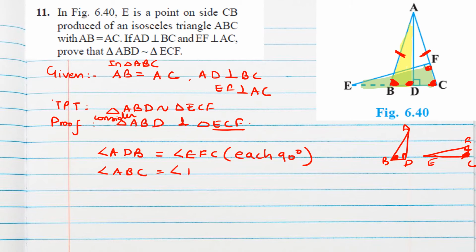Reason: since AB equal to AC, therefore angle B and angle C will be equal. So now both triangles are similar by AA criteria.